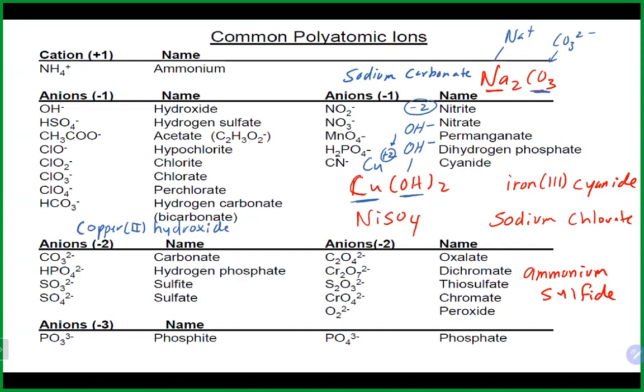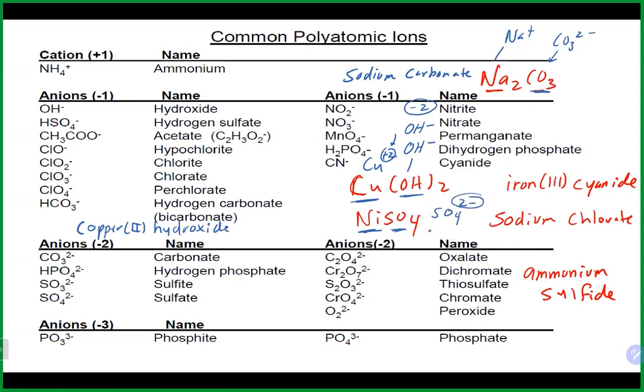Looking at the last one, that is Ni, which is nickel, also a transition metal, which tells us it's a type 2 metal. SO4 is sulfate. So here again, we need to figure out the charge on the nickel. Our sulfate from our table is SO4 2 minus, which means it has a -2 charge.